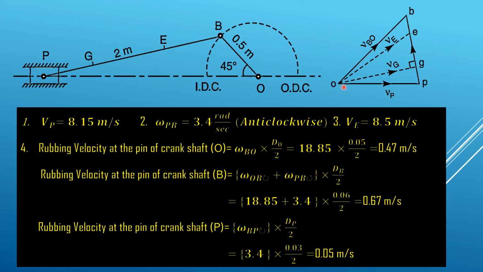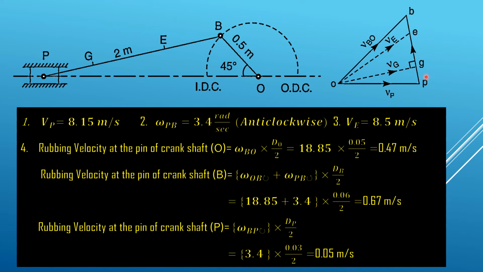So we join this P point with O and we join this B point with P, so we get the relative velocity. When we join P with O, we get VP. When we join B point with P point, we get the velocity of B with respect to point P. One more thing I want to explain here. If we are finding the velocity of point B with respect to point P, we draw a vector from P to B, and this vector represents the VBP.